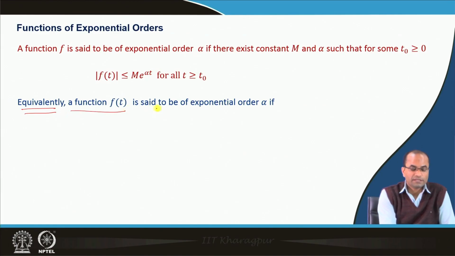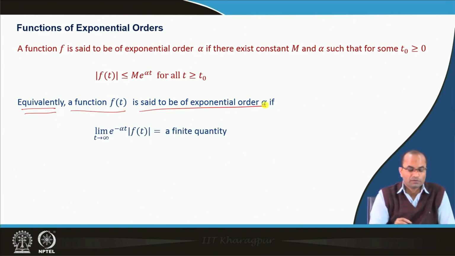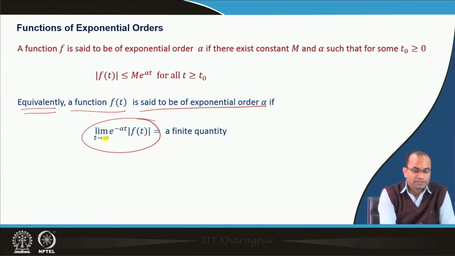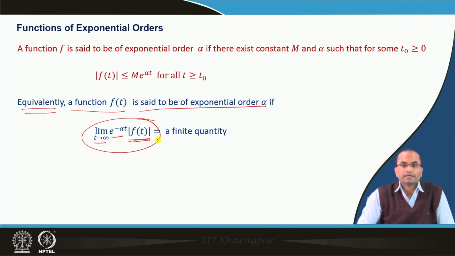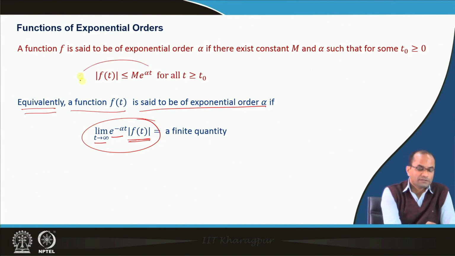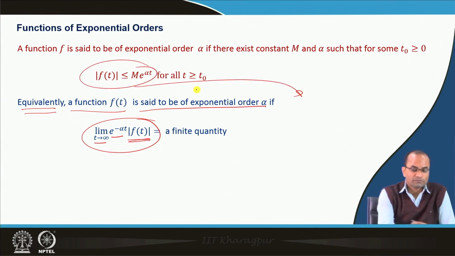A function f(t) is said to be of exponential order if we compute the limit as t goes to infinity of e to the power minus alpha t times f(t), and if this comes to be a finite quantity, then we call the function of exponential order, which is exactly equivalent to this one, because if we look at this and multiply both sides by e to the power minus alpha t.